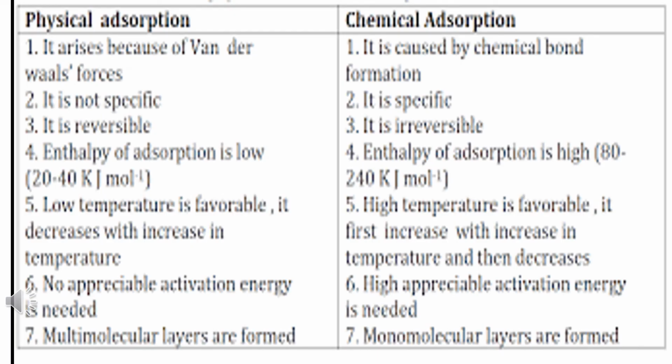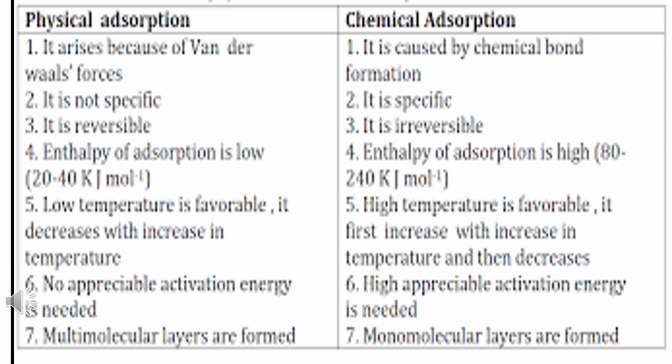So let us see what are the differences between physisorption and chemisorption. Physisorption arises because of van der Waals forces, whereas chemical adsorption is caused by chemical bond formation. Physisorption is not specific, but chemisorption is highly specific.